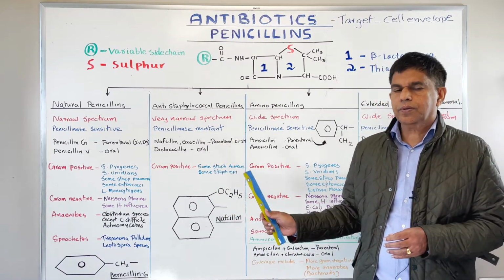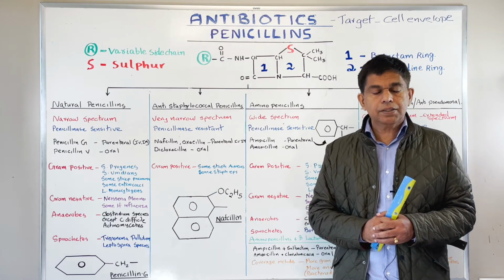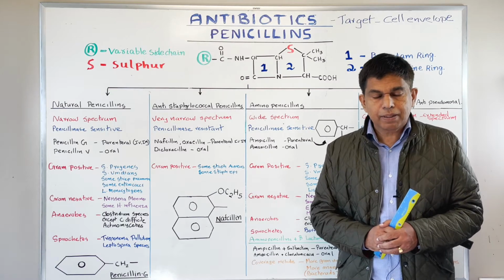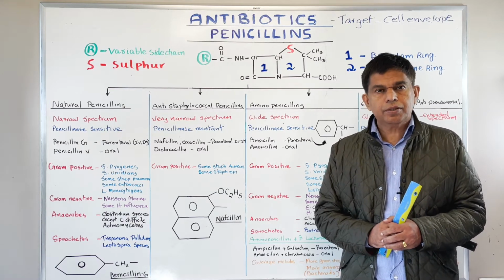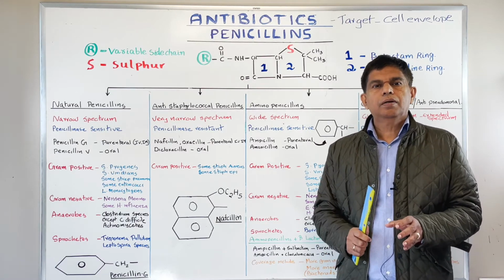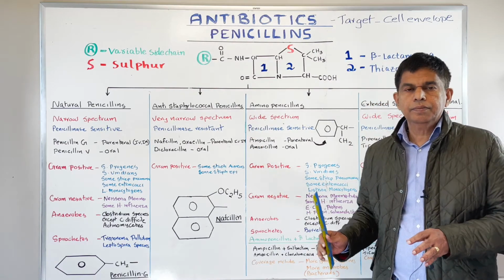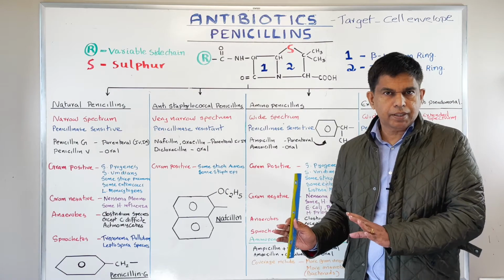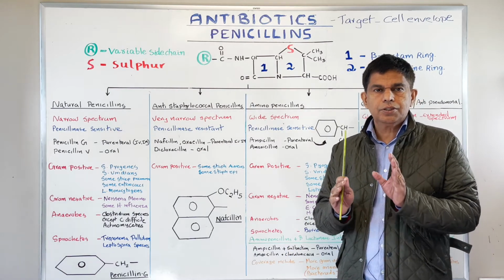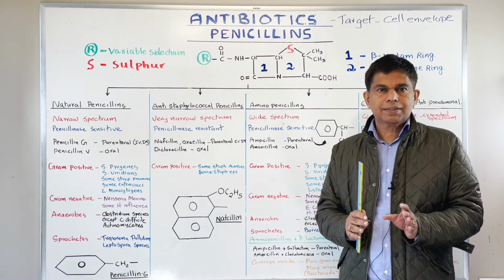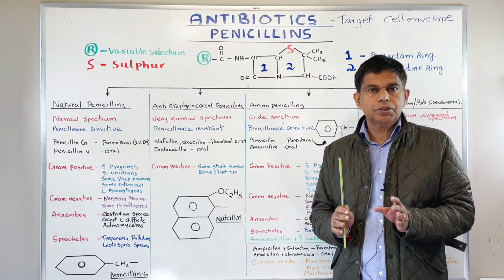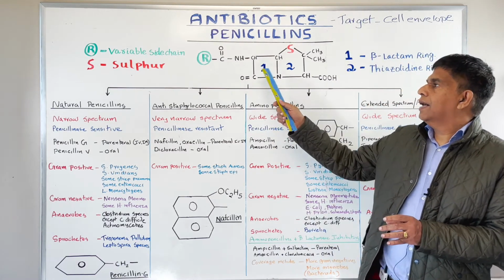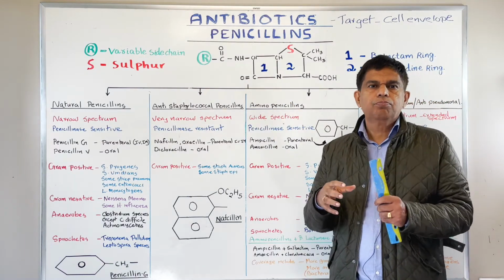This drug is not going to work against methicillin-resistant Staph aureus or methicillin-resistant Staph epidermidis. Two major bacteria out there, right? So it's not going to work on MRSA or MRSE. The reason is that these bacteria produce a penicillin-binding protein, which does not allow this beta-lactam ring to bind to it.